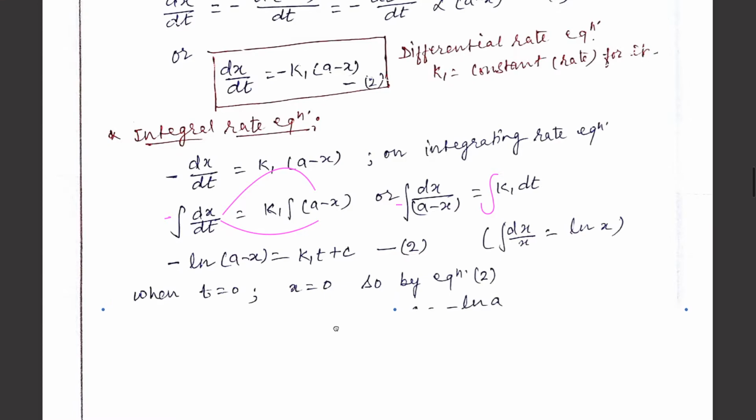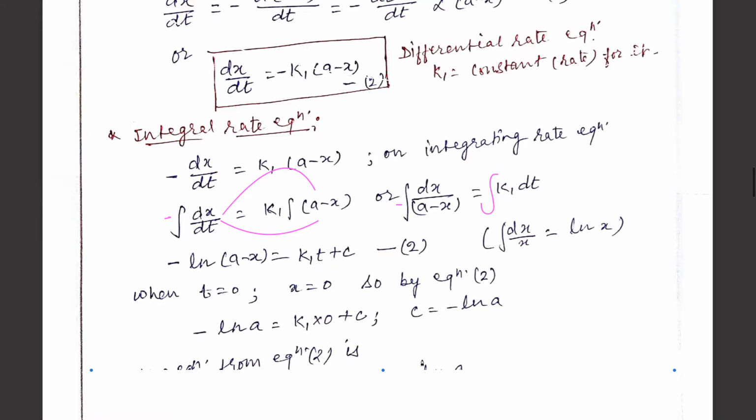Now to find out the value of c, we start with our initial conditions. When t was 0, x was also 0. When we put these two values in the second equation, we get the value of c as minus ln a.